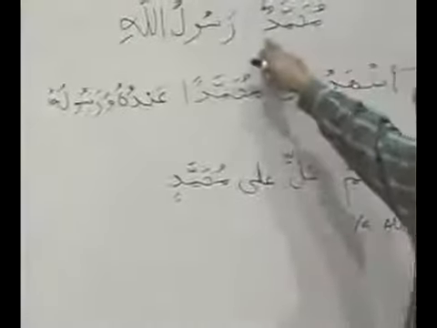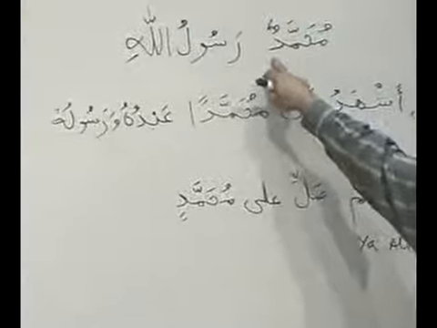Is it coming as a subject? Is it coming as a subject of a verb? Is it coming as an object? Is it coming after a preposition? It will tell you. In its natural form, all the nouns always end with a dhamma.